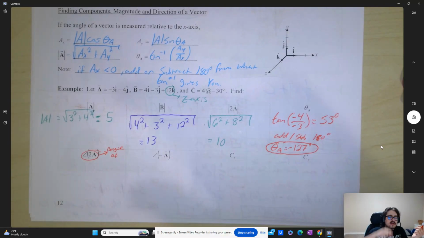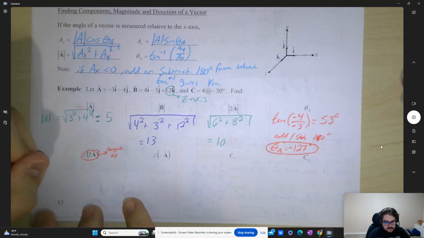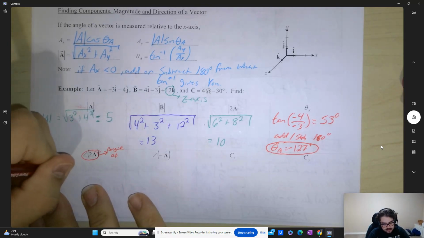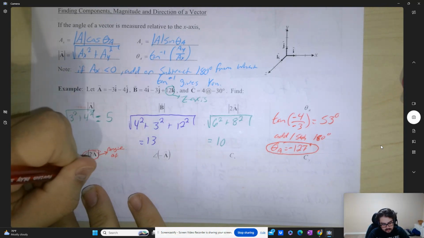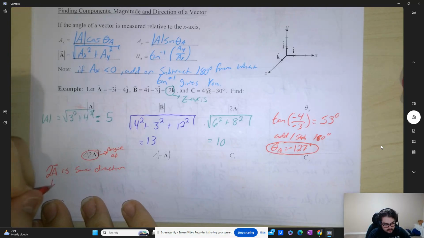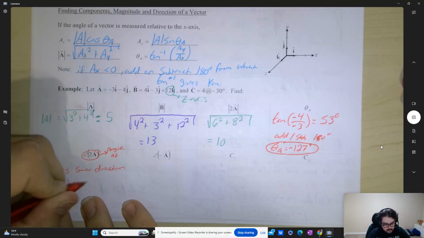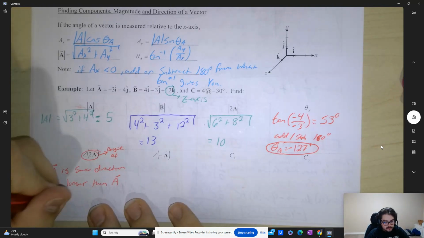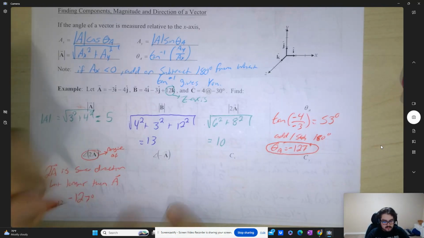The components are scaled the same way, which means the angle is not going to change. So 2A is the same direction but longer than A, so it'd still be negative 127 degrees, okay?